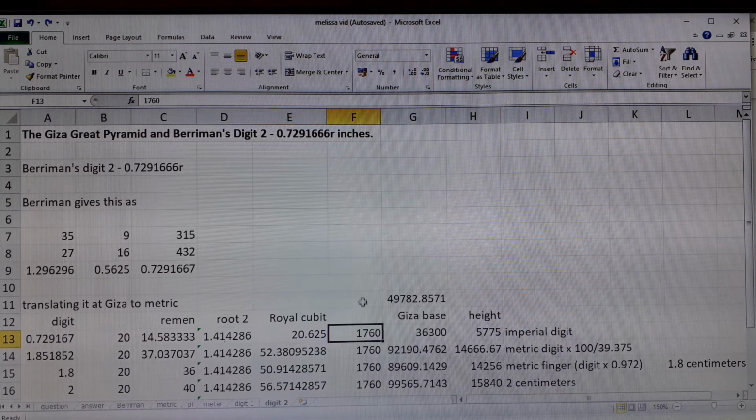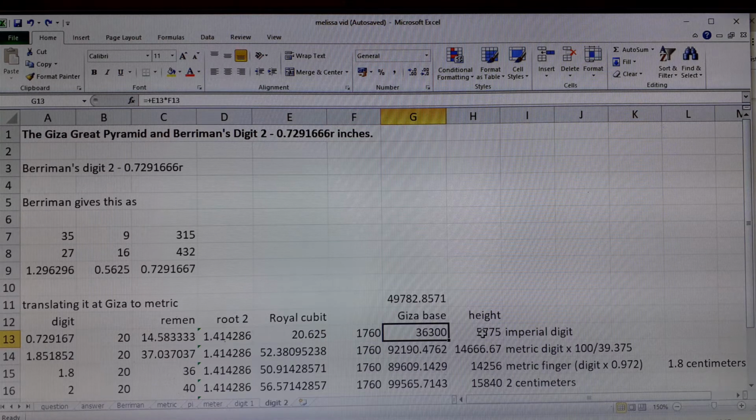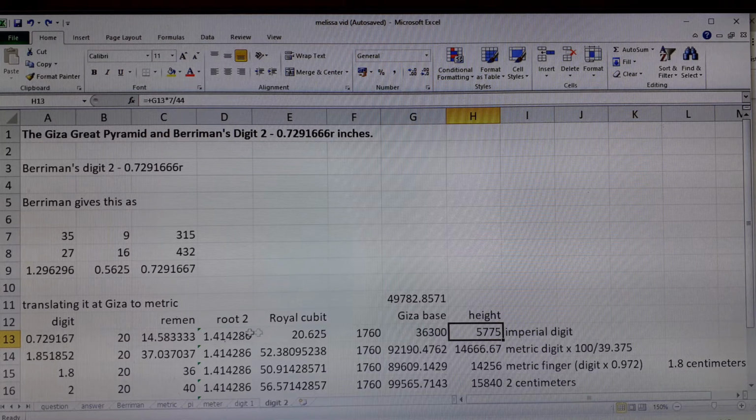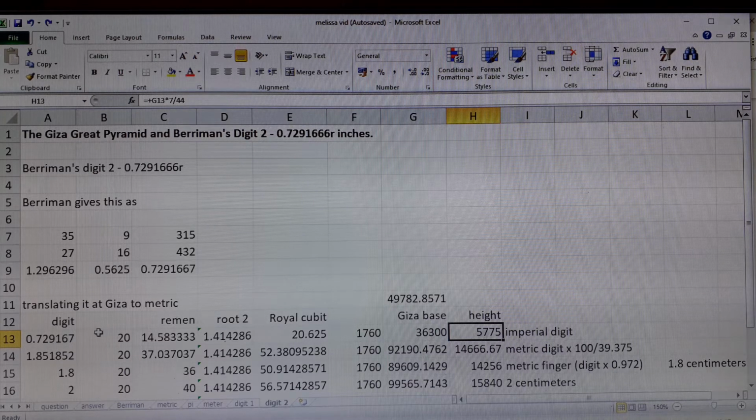Multiply that by 1760 to get the Giza base, and then divide it by 44 multiplied by 7 to get the height in imperial units, and the height is 5775 imperial units using this imperial digit here.